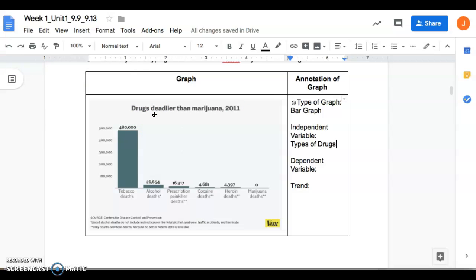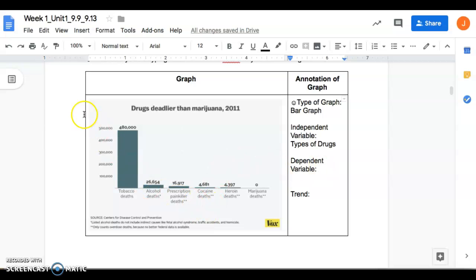This was in 2011. Remember, the independent variable is the variable that you as the scientist can change. So if I were doing an experiment, I could change the type of drug that I was looking at. The dependent variable is the thing that you don't have control over. It's just what happens as a result of the independent variable.